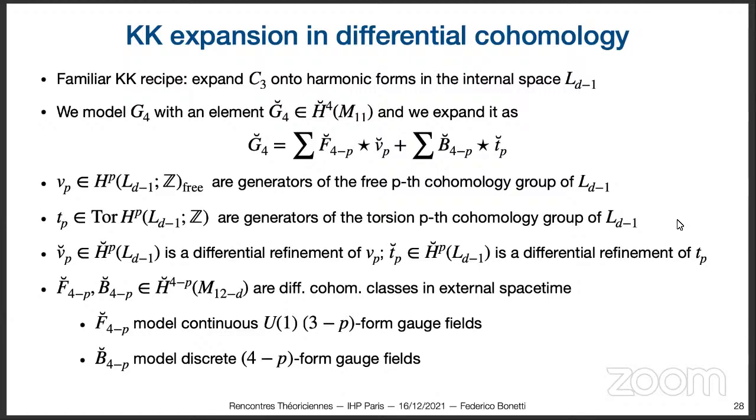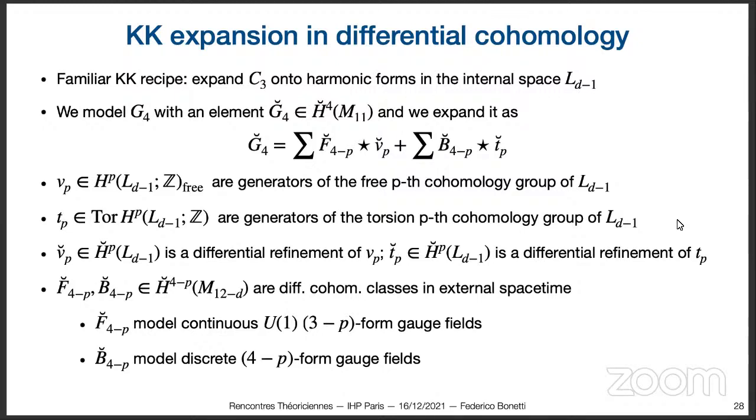These are, if you wish, the harmonic forms that we know and love and are more familiar with. Now, with this formalism, we can have a second set of terms. Let's include all the generators of cohomology, including the torsional ones, the T's. In this formalism, they all admit a differential refinement, so they get a little check on top. And we can do formally exactly the same thing, as you can see.